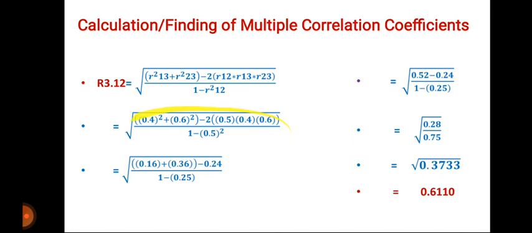Second step, value putting; third step, square and multiplication; next, addition and subtraction, then division and then square root. Your answer for R3.12 is equal to 0.6110. By using the calculator you can find them one by one.